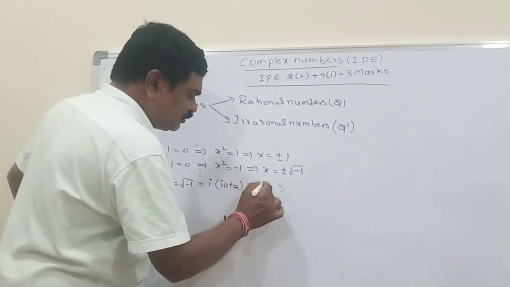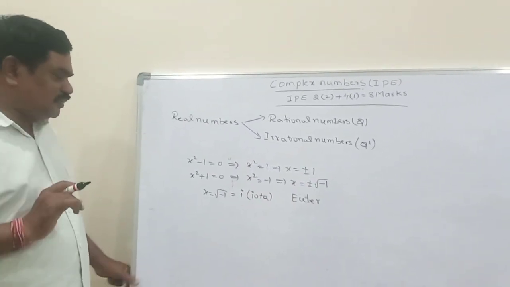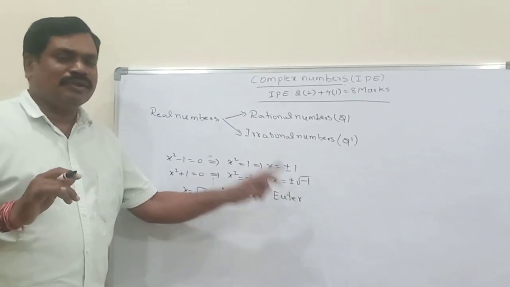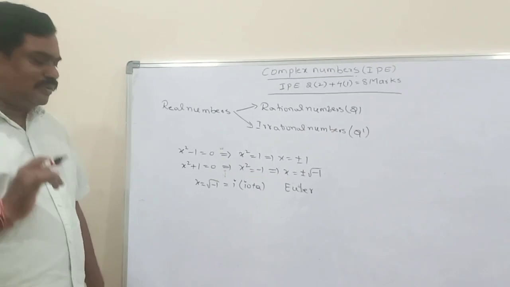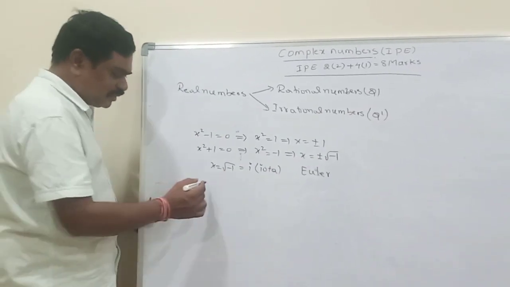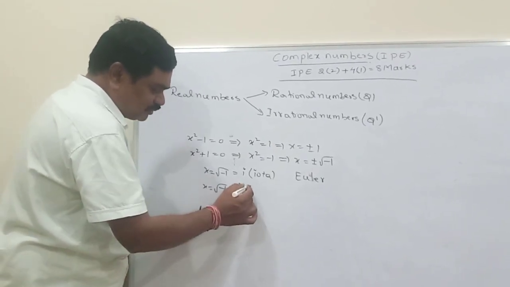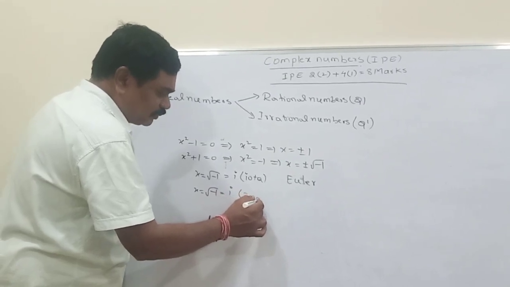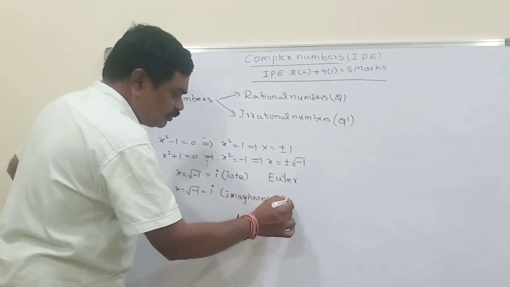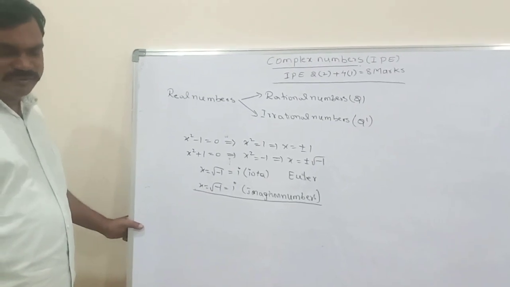So x is equal to root minus 1, which is iota. This is an imaginary number.